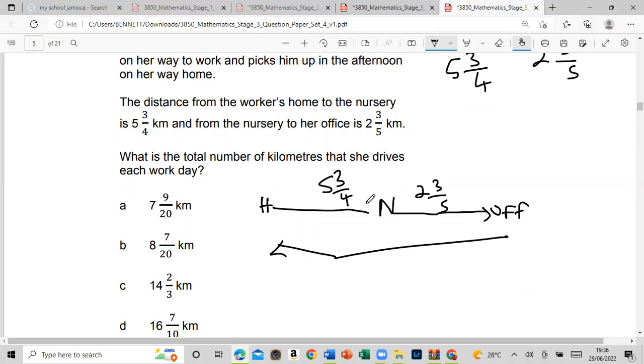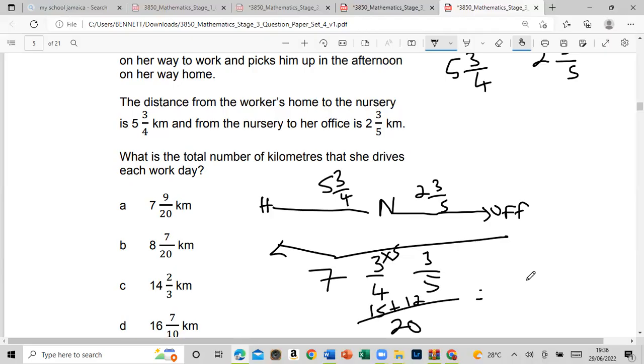So let's look now. The entire distance will be 5 3/4 plus 2 3/5. 5 plus 2 is 7. And then 3/4 plus 3/5. Alright, so this now it'll be 20. 4 into 20, 5, times 3 is 15. Plus 5 into 20, 4, 4 times 3 is 12. So she's going to do some extra this way.